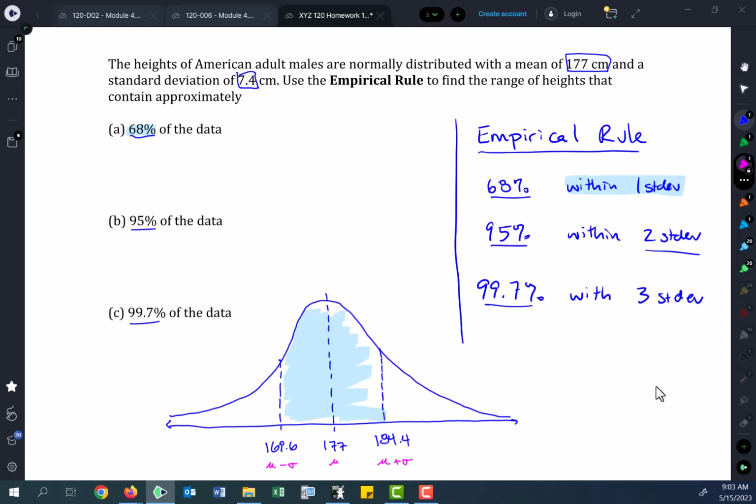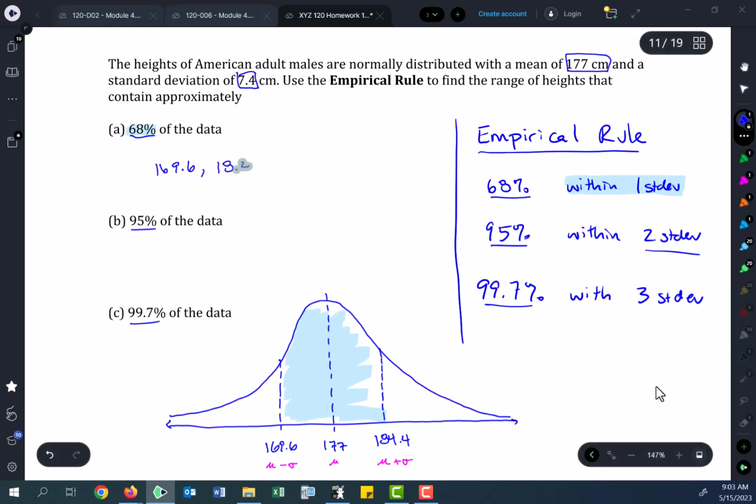So within those two values, 169.6 and 184.4, I should see about 68% of my data. That's what the empirical rule is telling me. And the same is true of 95% of the data, except we have to go a second standard deviation out, because it's two standard deviations for 95% of the data.